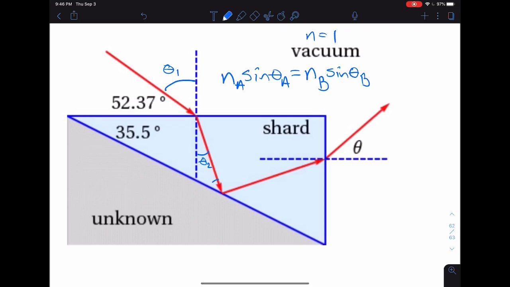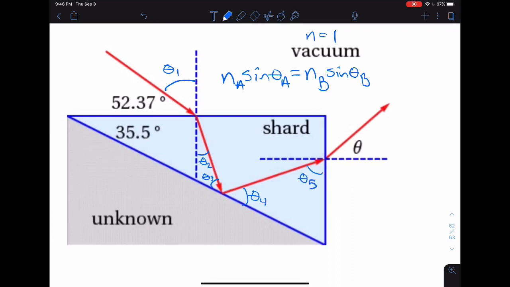Let me relabel our angle here though. Once you go through and figure out this angle, theta 3, great. Now you can use the law of reflection to figure out theta 4. Once you've got that one, you should be able to determine this one.